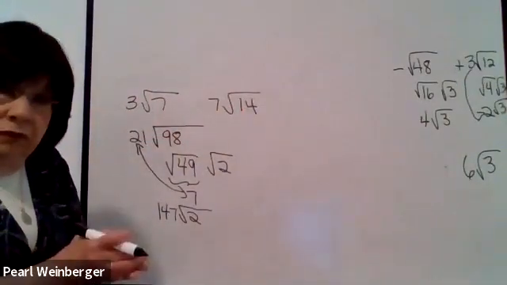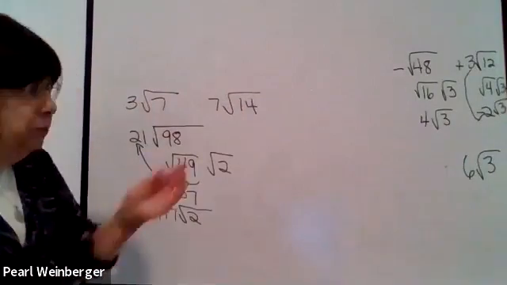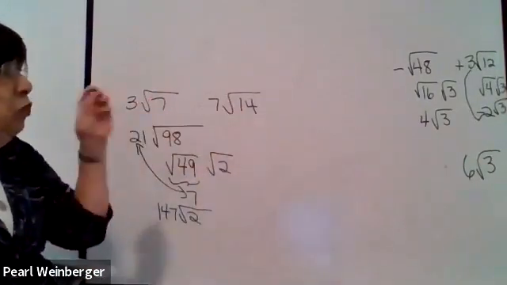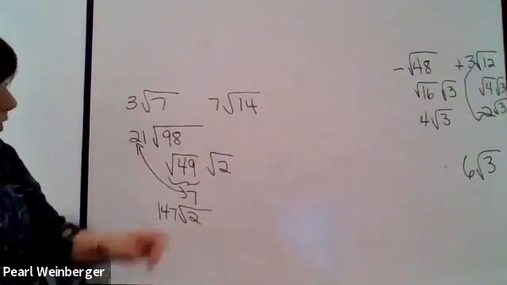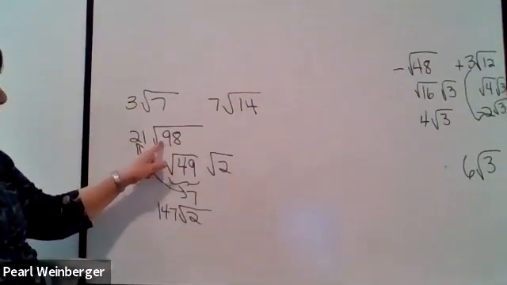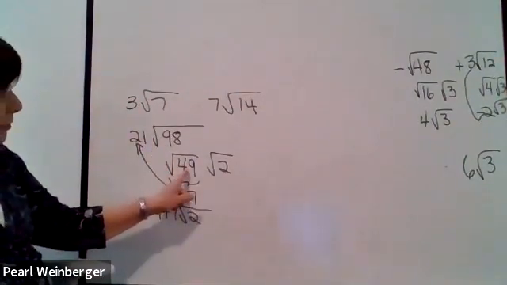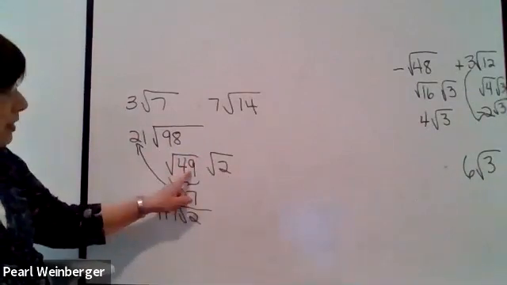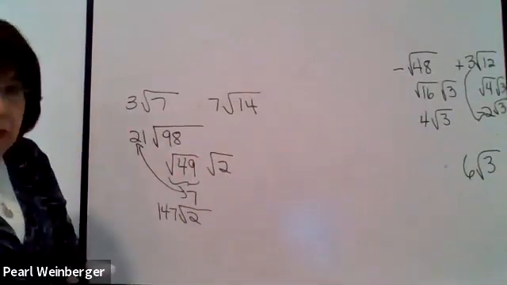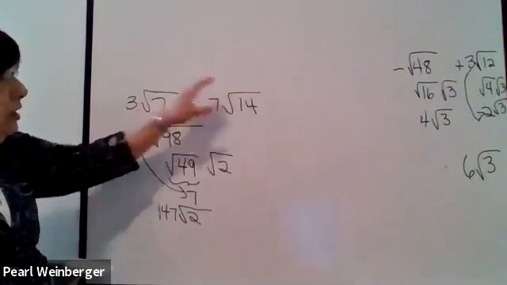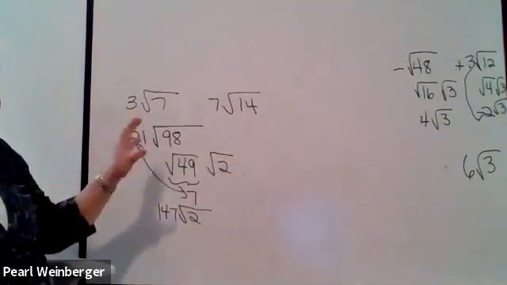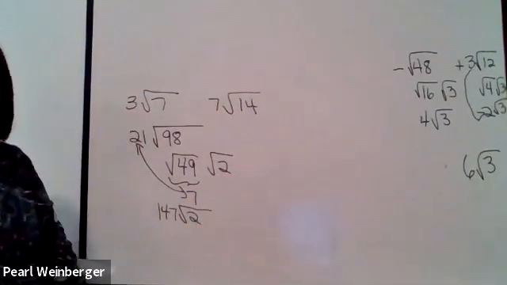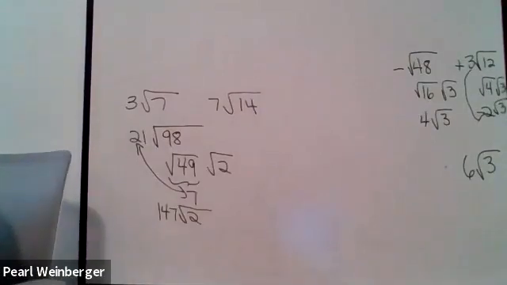Neither of those would have worked for simplification purposes because you need one of the numbers to be a perfect square. But when we got to 98, we could break it up into the 49 and 2 because 49 is a perfect square. So usually it's better in these to do the simplification at the very end. Let's try one more.